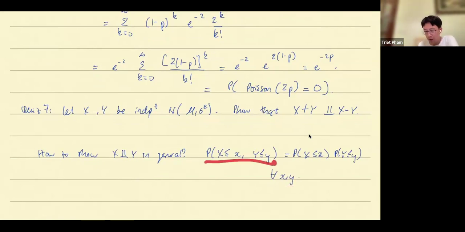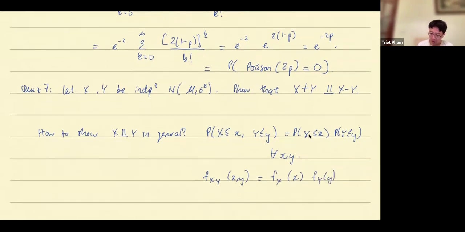The reason is this is called the joint CDF of the pair XY, and if the joint CDF splits, then they're independent. You could specialize it down to the joint PDF splitting in the case of continuous random variables, or the joint distribution function for discrete random variables.